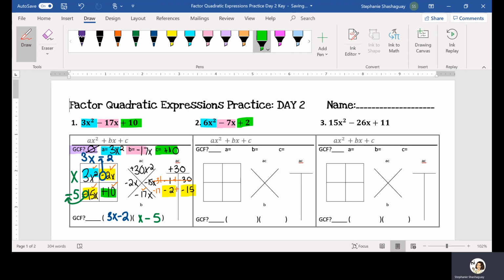All right, now we're looking at 6x squared minus 7x plus 2. I have my a term, which is 6x squared. I have my b term, which is negative 7x. And I have my c term, which is a positive 2. I'm going to fill in that area model.